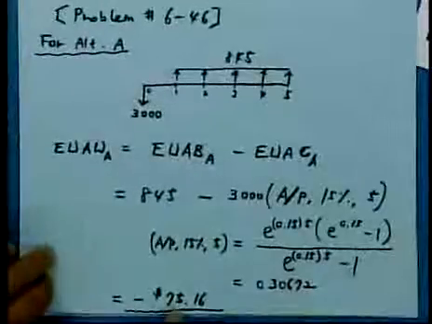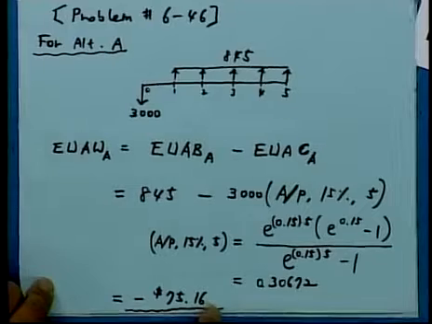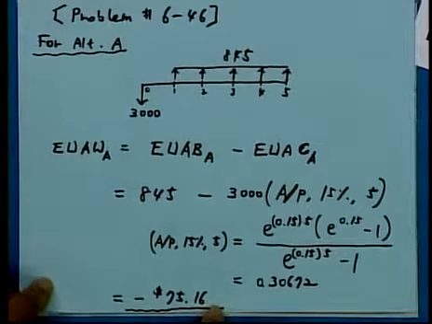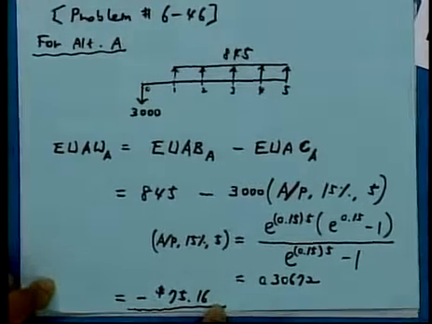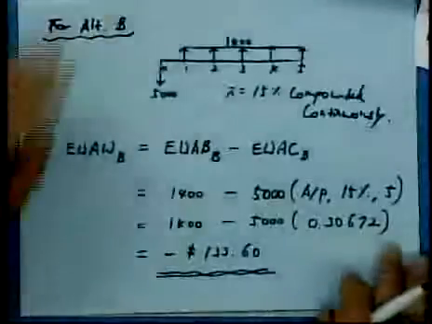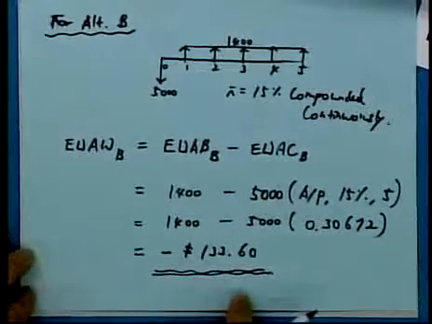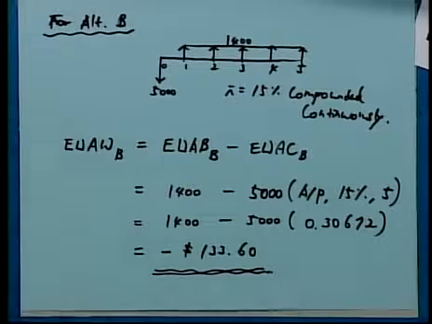From plan A, the equivalent uniform annual worth is negative $75. From plan B, the equivalent uniform annual worth is negative $133.